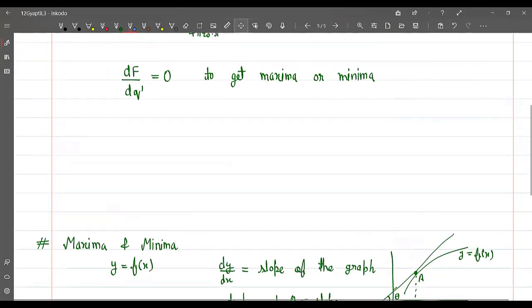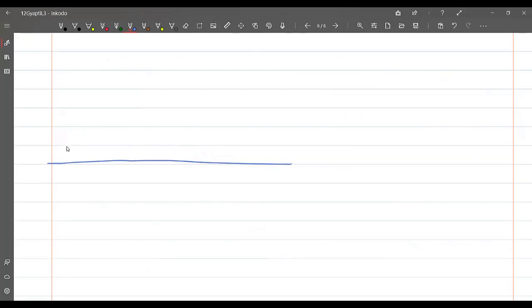Now, what if the graph is like this? Here the graph is increasing, here the graph is decreasing, but at this point the tangent is horizontal.